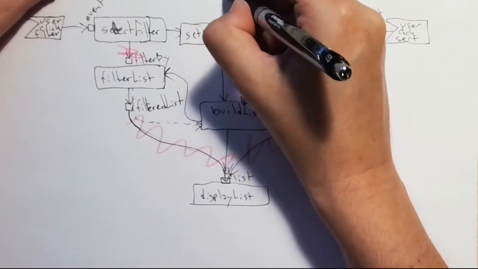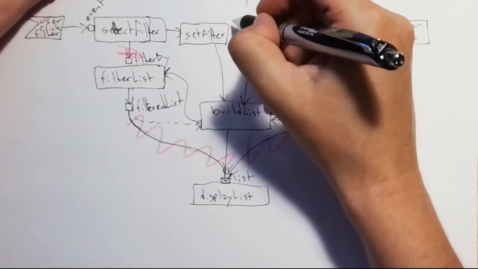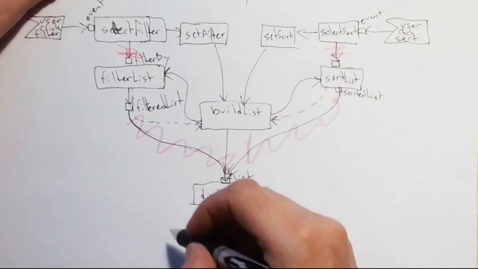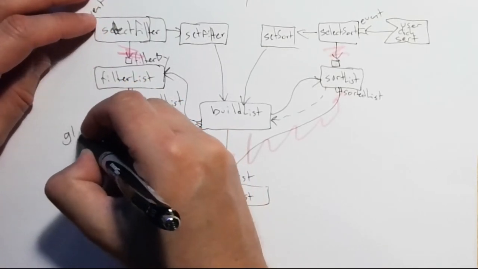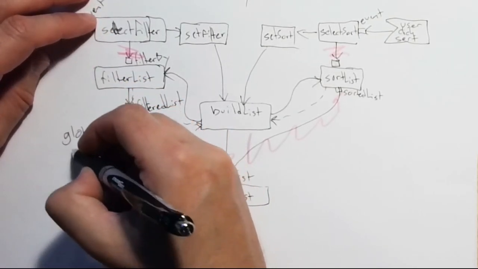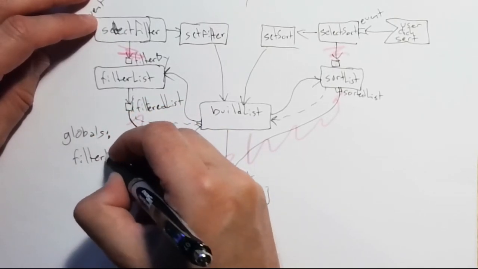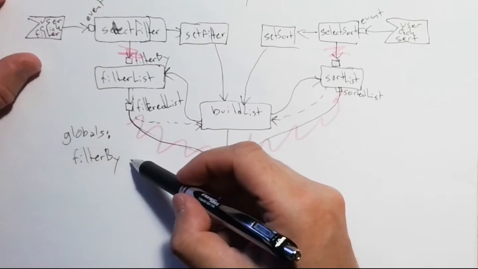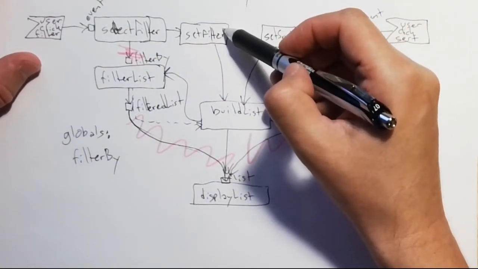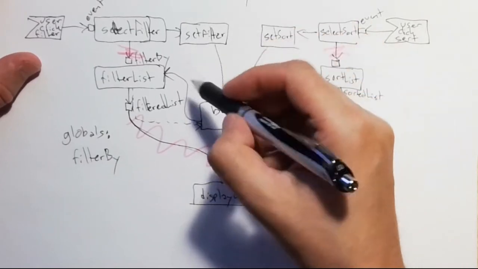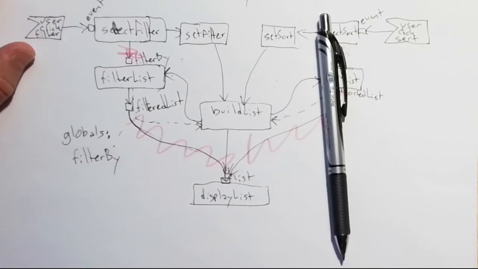So filter by is going to be a global variable. Here, let's put some globals over here. Filter by. And then we need to make sure that when we select the filter, set filter should set the global value. This one. Let's try that.